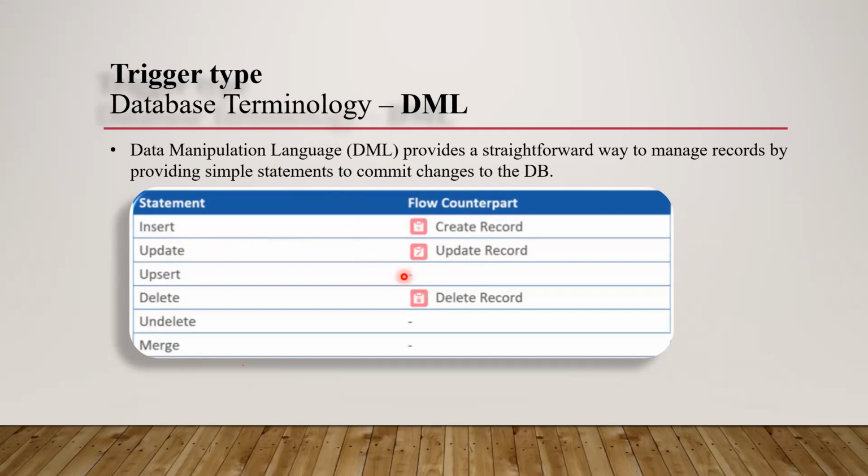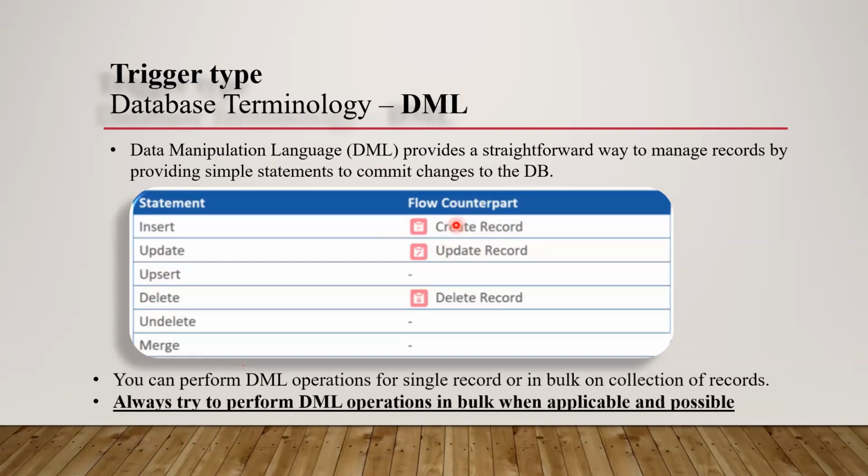Now we will see each of these DML statements which are available as an element in Flow. I'll show the practical implementation of it. Another important thing that you need to keep in mind is you can perform DML operations for a single record as well as for bulk records.